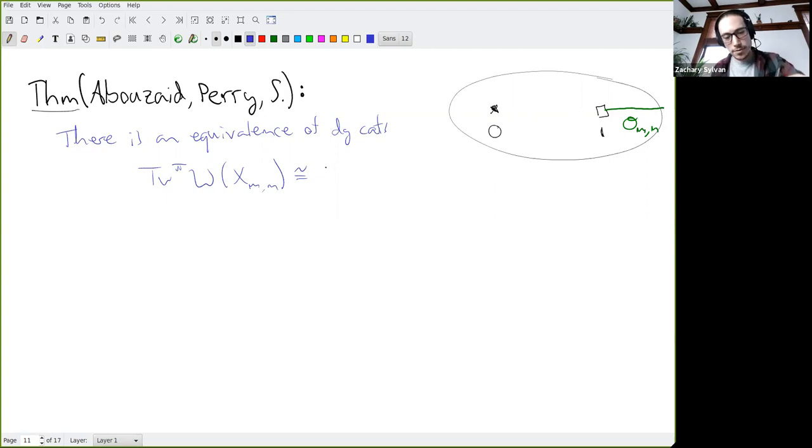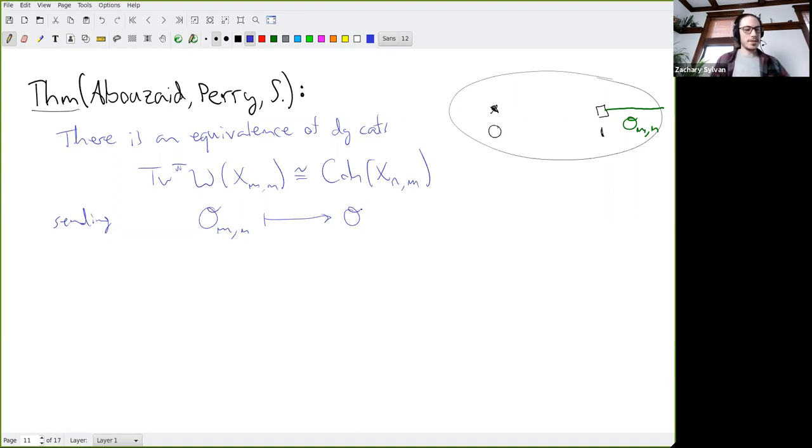And that's equivalent to, I'm just going to write Coh, but I mean the DG version, of X_{nm}. And this sends O_{mn} to O. I should also point out that these are all smooth, and so Coh and Perf are the same.